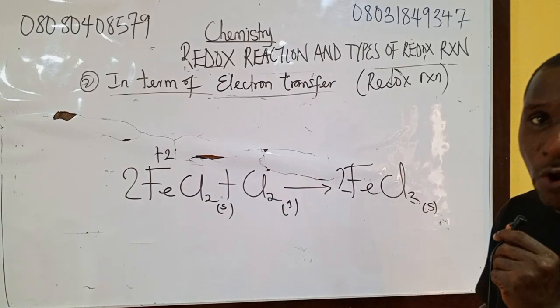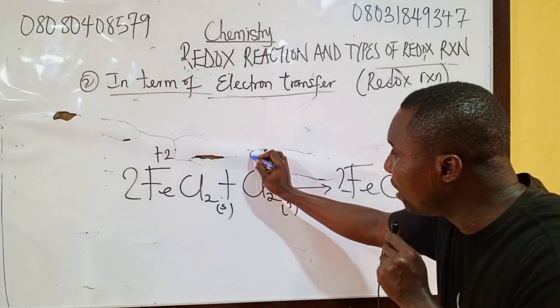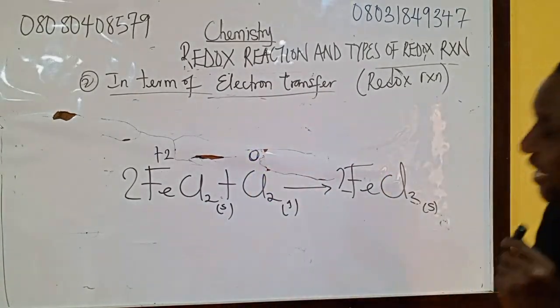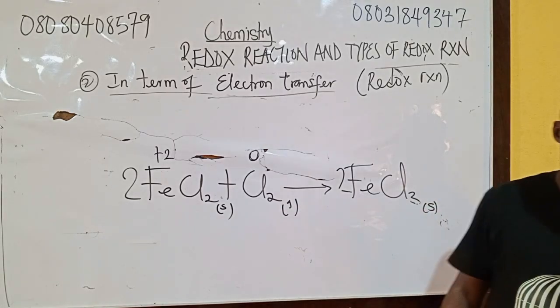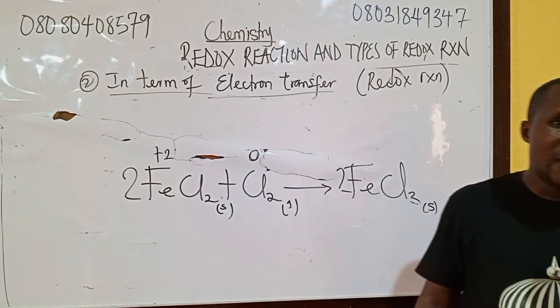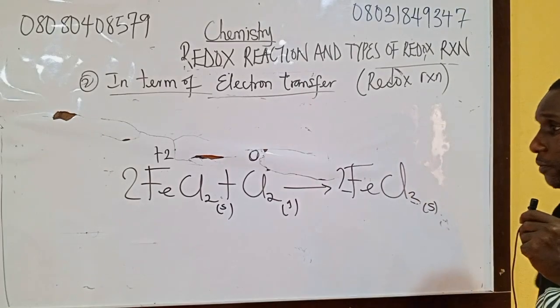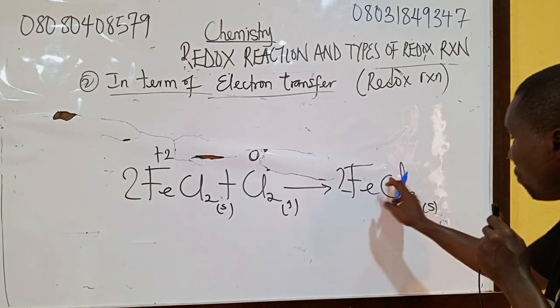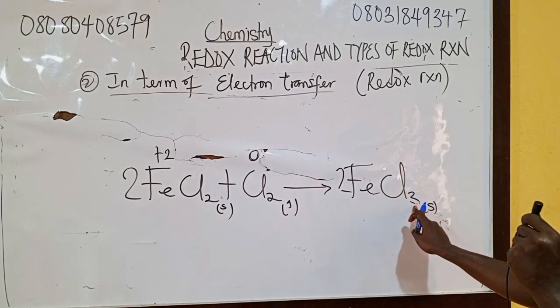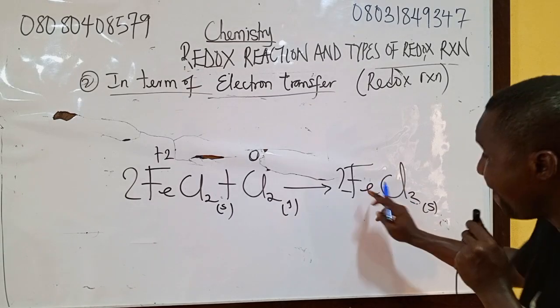Chlorine is standing alone. The oxidation number is 0. I told you when you see an atom or a substance in a chemical reaction standing alone, the oxidation number is 0. Then let's come to the product. Iron(III) chloride. Who is the owner of this 3? Iron.